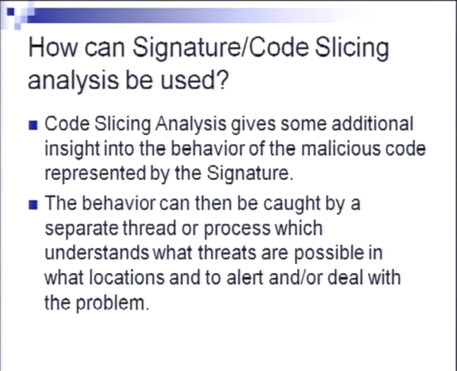So this takes a lot of hand-holding, but the analysis is there. It gives some additional insight into the behavior of the malicious code represented by the signature. The behavior can be caught by a separate thread or process, which can alert the user or deal with or isolate whatever the problem is that you're running across.